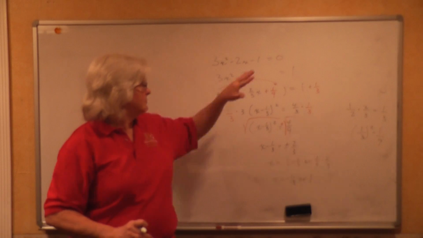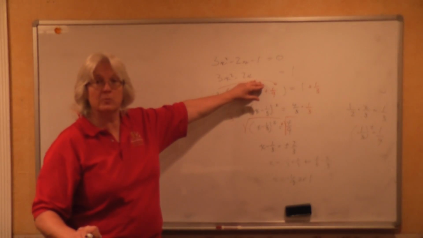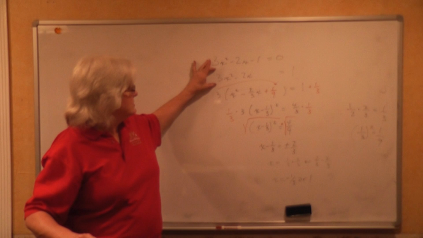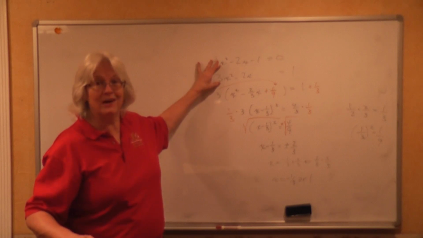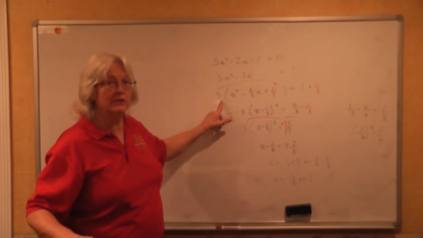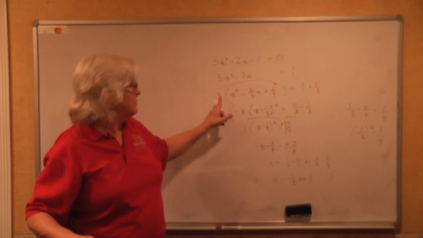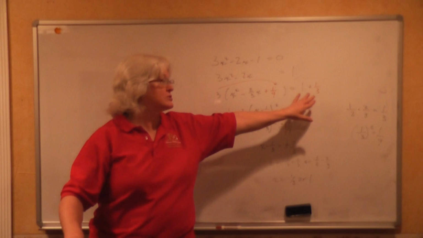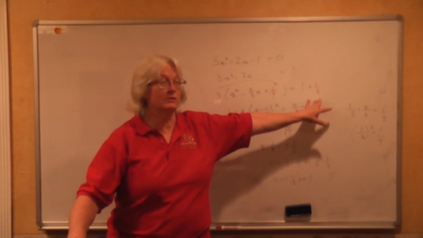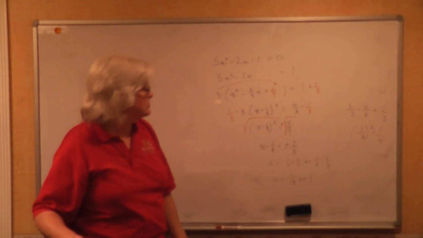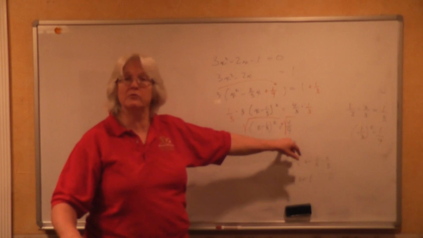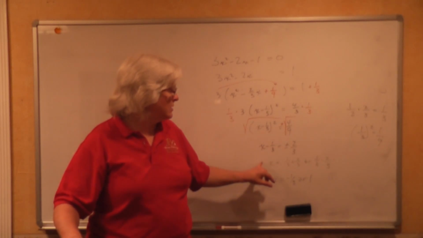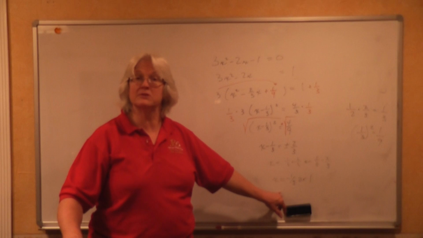We've set this up so that we can complete the square. We see that the leading coefficient is not 1, so we factor out the leading coefficient, and we make sure that we do that distribution there so that we add the proper quantity to the right-hand side of the equation. Take the square root of both sides of the equation, get this to the simplest form that we can.